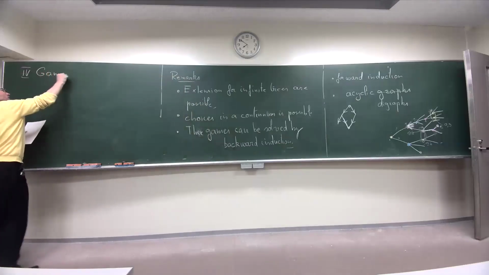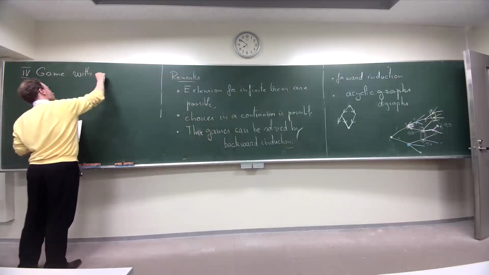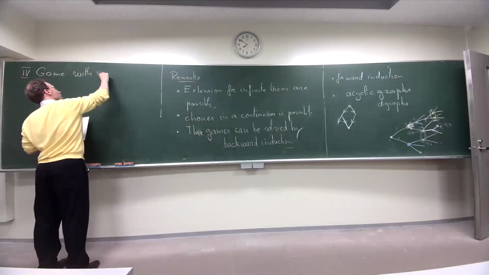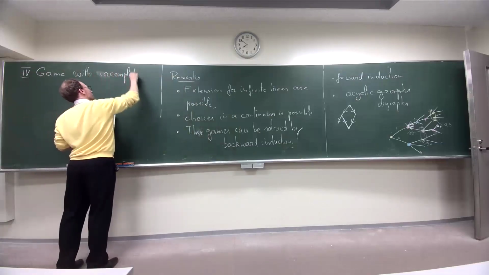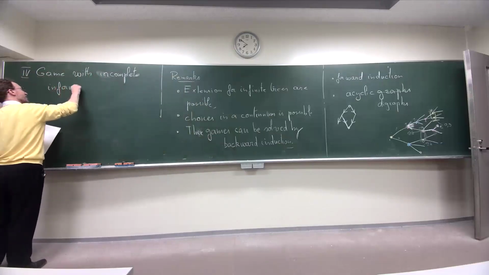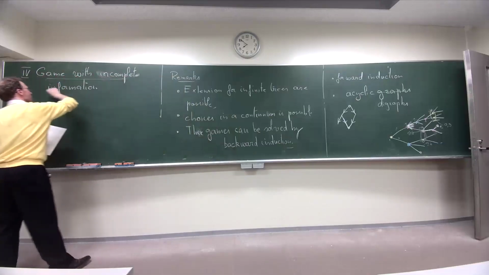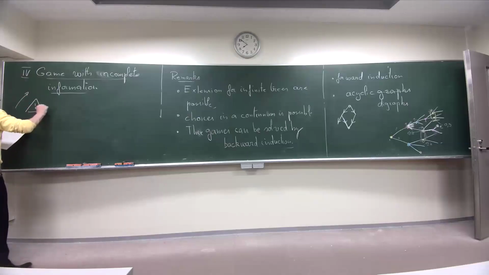Now it's not going to be so long. Games with incomplete information. I will tell you a story at the end of this lecture about this. And be careful, this sentence is not very precise.